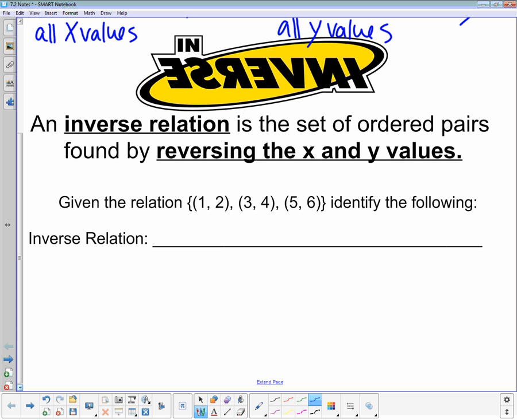Our original points are x, y, x, y, x, y. Our inverse relation is switching our x and y values, so we'll have (2, 1), (4, 3), and (6, 5). We just switched all our x and y values.